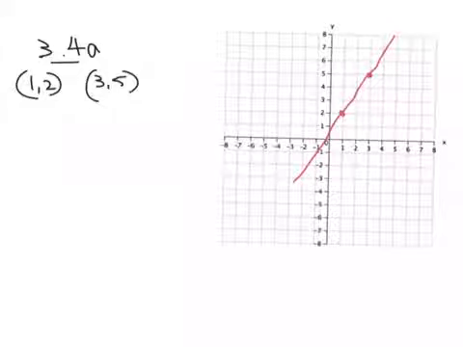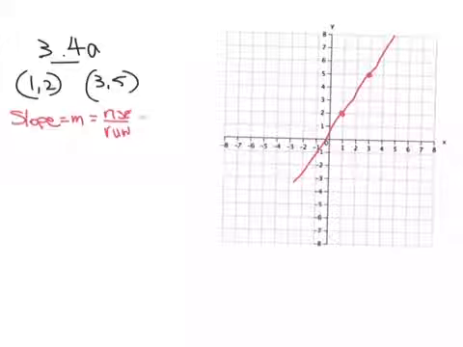The formula on the bottom of page 220 says that the slope, which again we called m, is rise over run, which is y2 minus y1 over x2 minus x1.